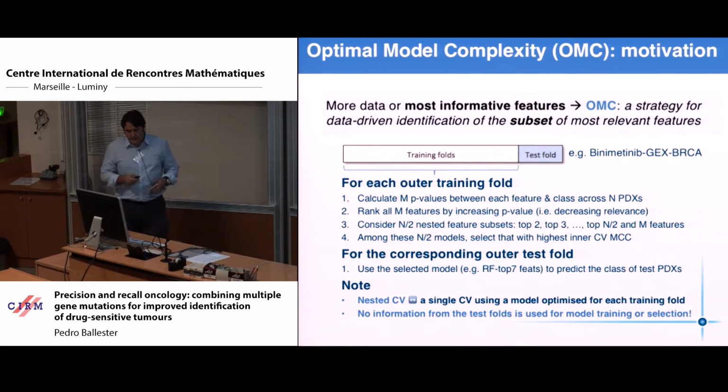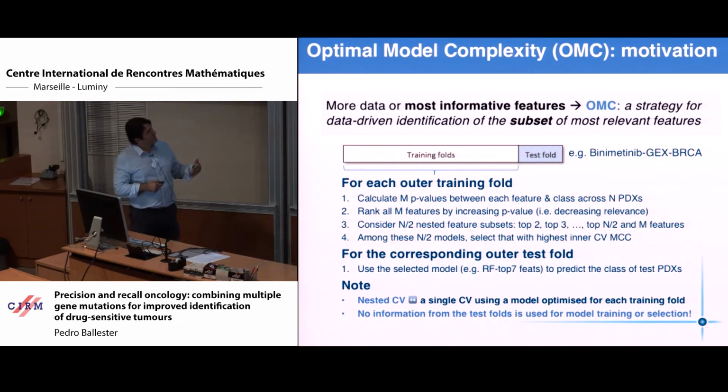I can go quickly over what it actually does, but essentially, when you're looking at the training folds, you are calculating a p-value between each feature and the response to the drug across all the data instances. Then you rank the features to see which are the most relevant for the problem.